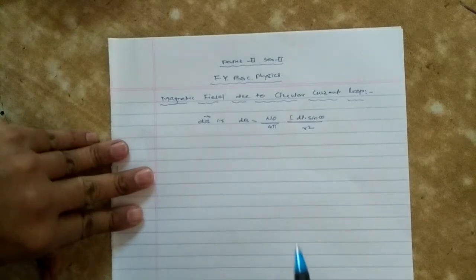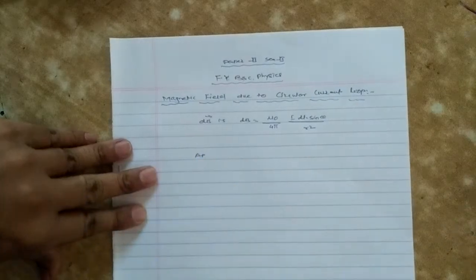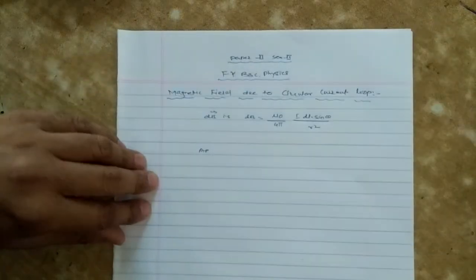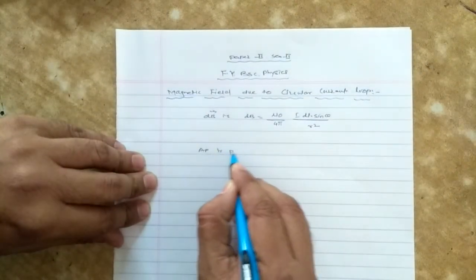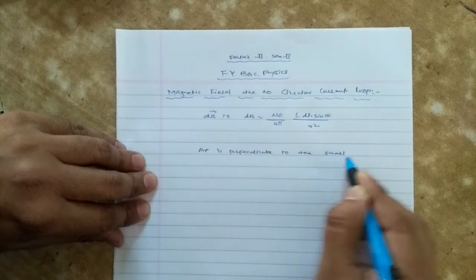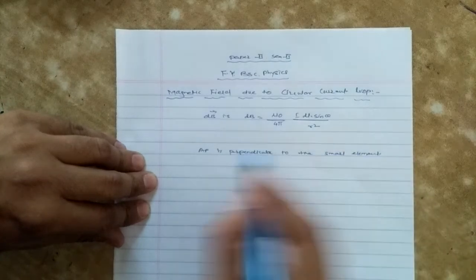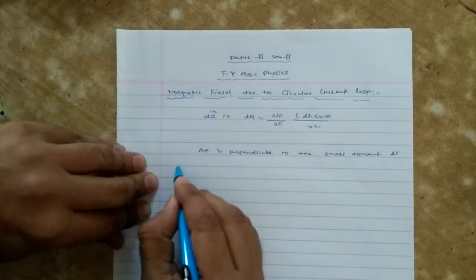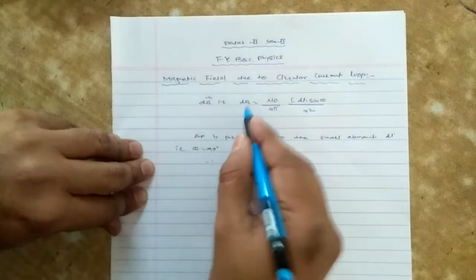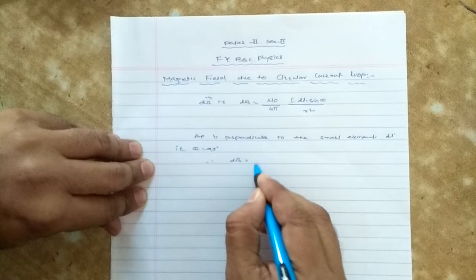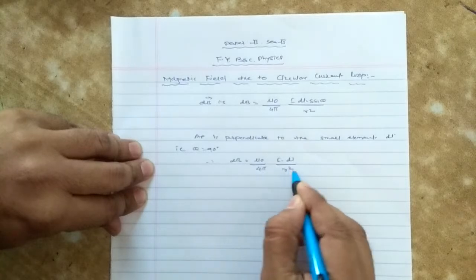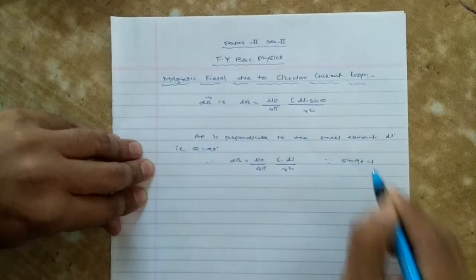From the figure, AP is perpendicular to the small element dl, that is, theta is equal to 90 degrees. Therefore, our equation is dB is equal to mu 0 upon 4 pi, I dl upon r square, since sin 90 is equal to 1.